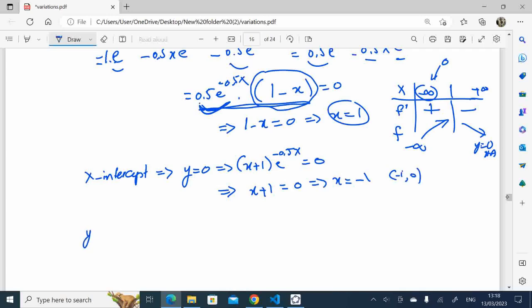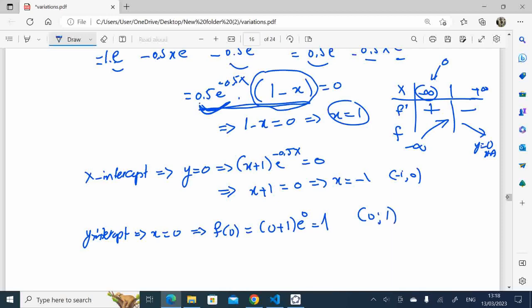Now y-intercept, we solve x equals 0. So this means f of 0, it will be 0 plus 1, which is 1. So the y-intercept is (0, 1).